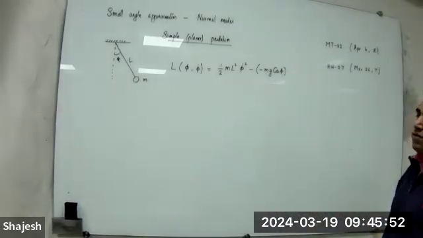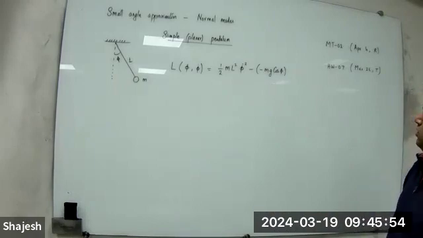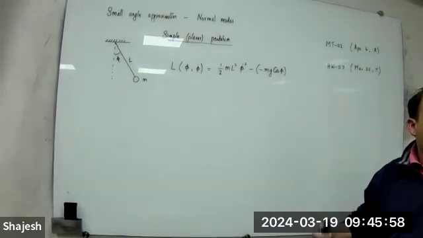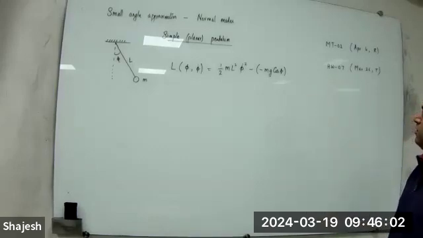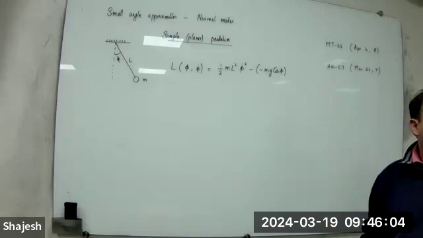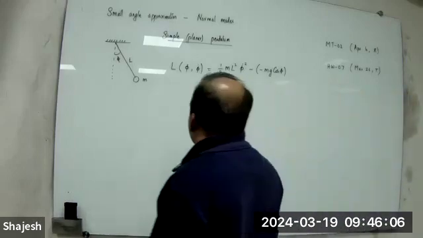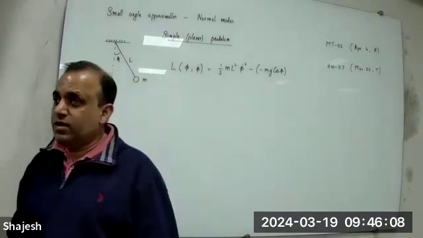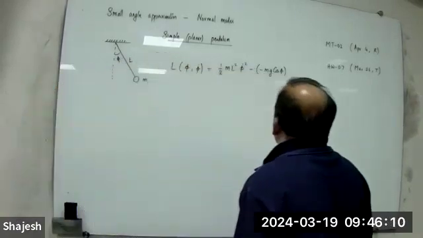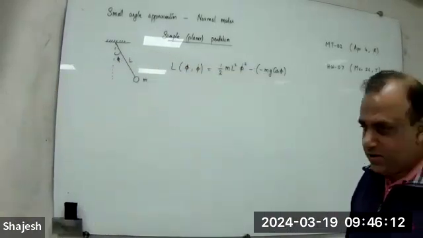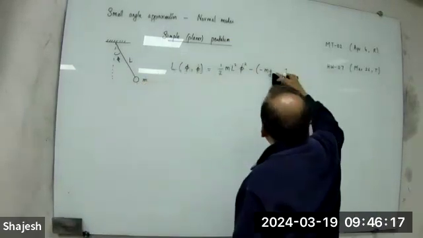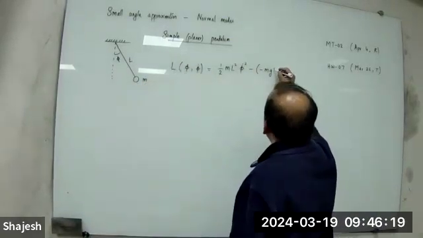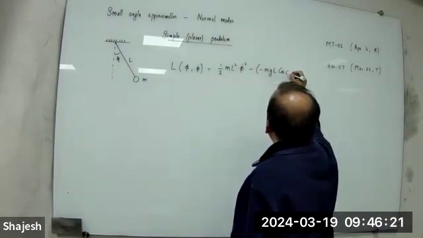Either way you do it, that's your potential energy, which makes the Lagrangian plus mgL cosine phi. Very good, thank you very much.